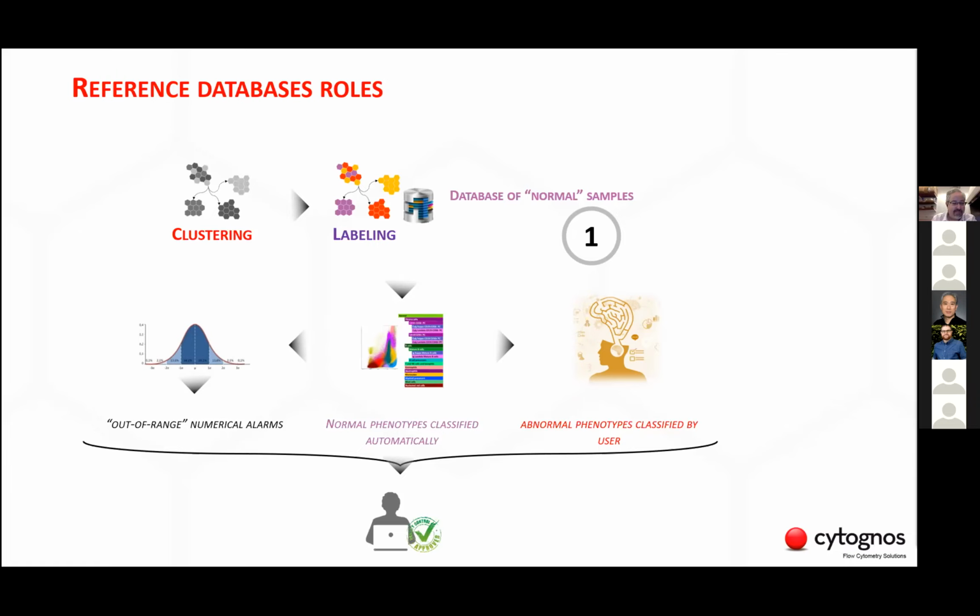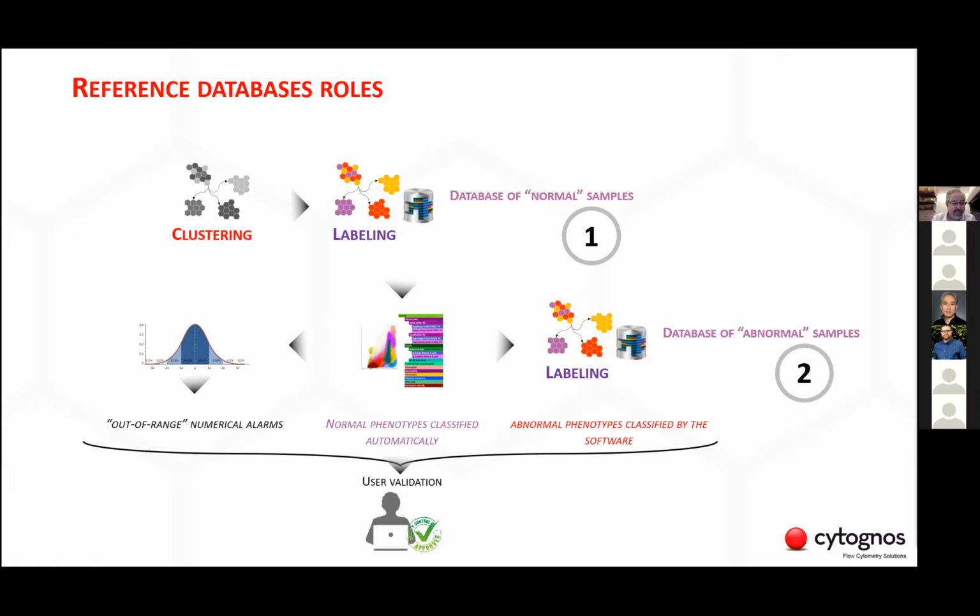However, we can use these kinds of databases in tandem, and after automatically analyzing those normal populations, we can use a second database to classify those as abnormal cell subsets.